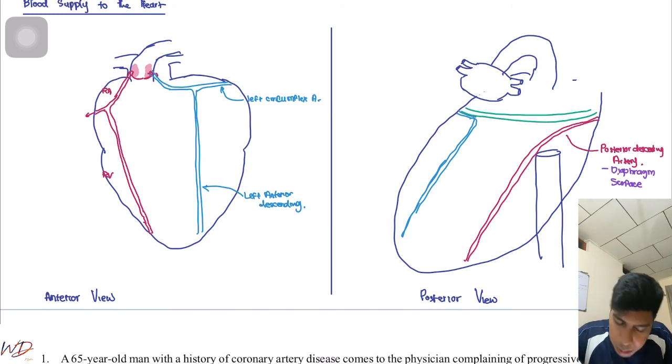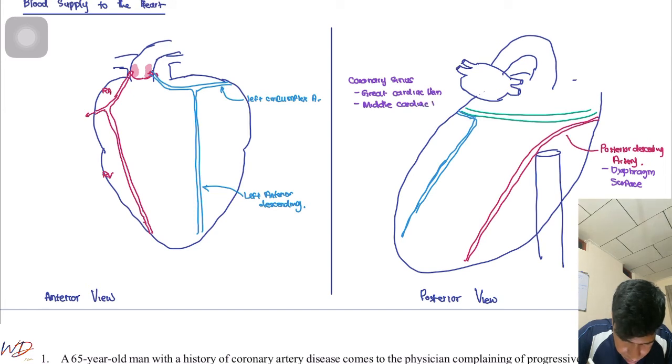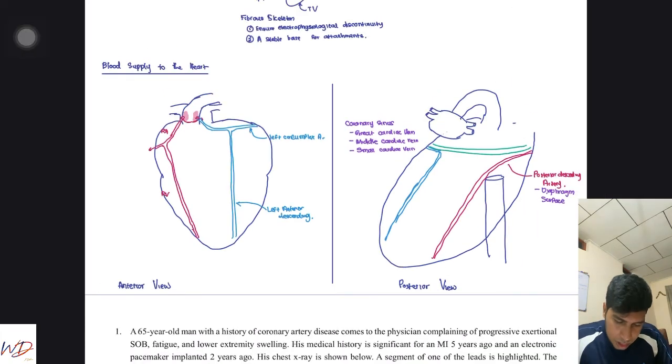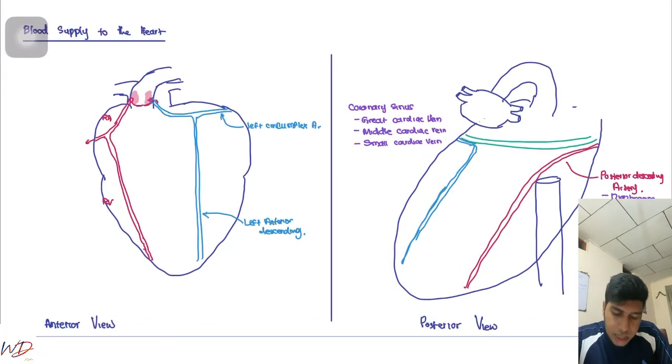This is the draining point of 3 vessels: the great cardiac vein, the middle cardiac vein, and the small cardiac vein. Remember, the coronary sinus will directly drain into the right atrium.